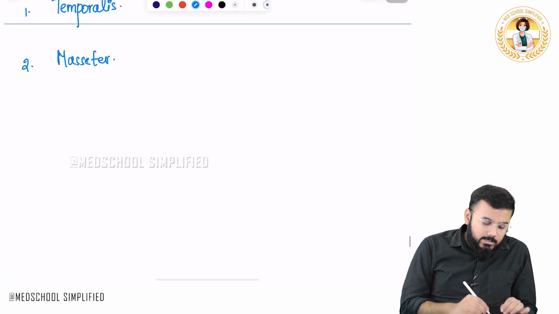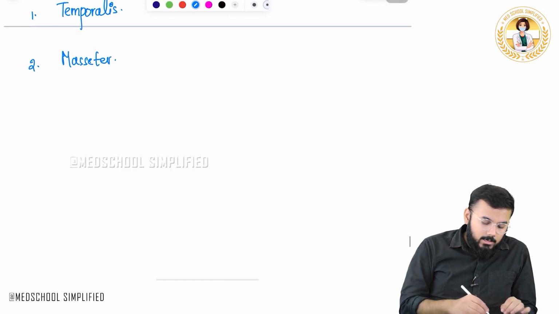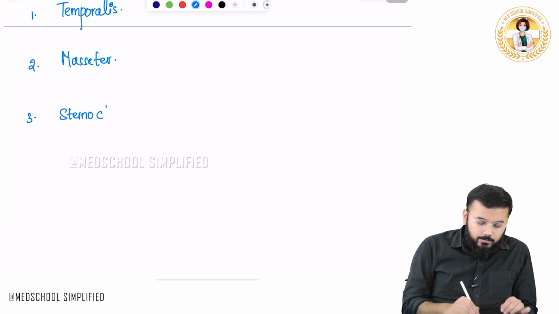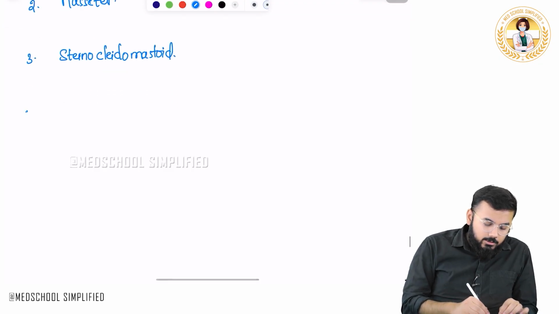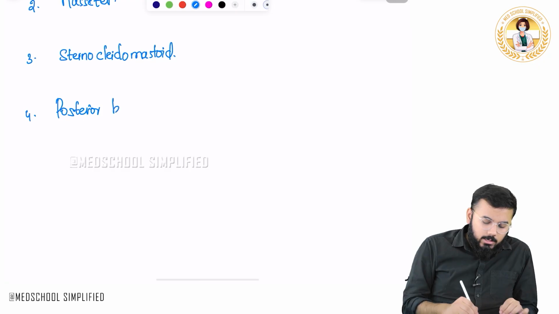After temporalis and masseter, the third important muscle is the sternocleidomastoid muscle. The fourth important muscle is the posterior belly of digastric.